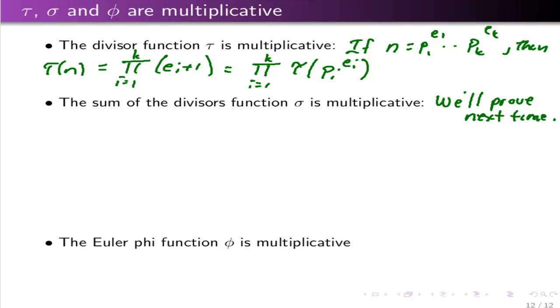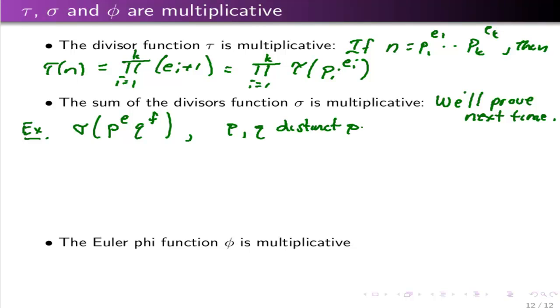But let me see if I can just convince you with an example. So let's suppose that I want to look at sigma of p to the e times q to the f, say, where p and q are distinct primes. So I want to find all of the divisors of this product and add them up.